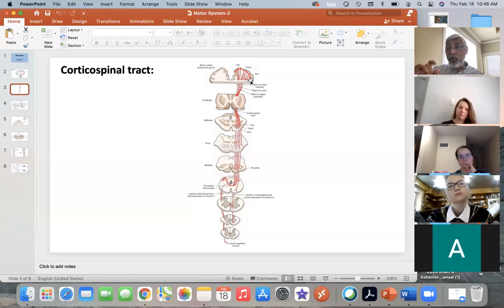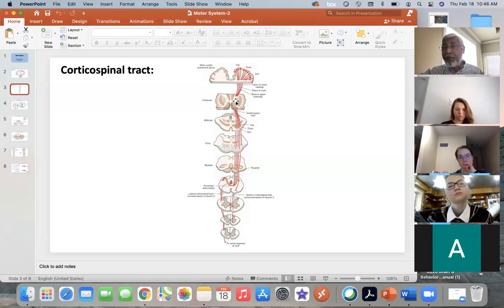But depending on where the damage is, because the fibers are coming from a wide area, if damage to the cerebral cortex occurs in a particular area, you will lose the function of that particular area. But as they travel through the internal capsule, they are bundled in a small bundle. All the fibers converge and form a small bundle.